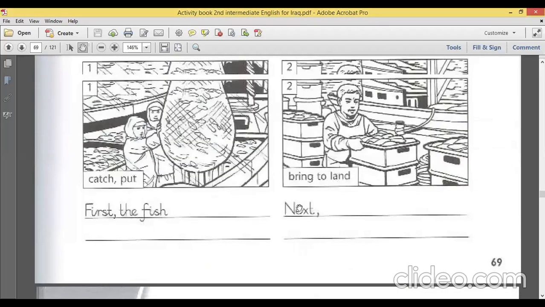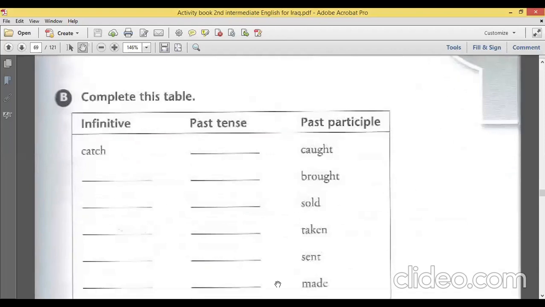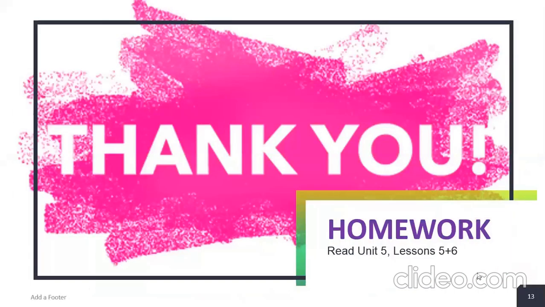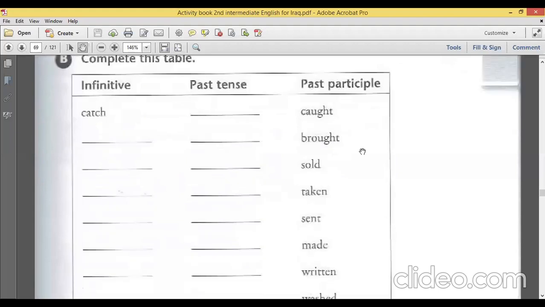So if we lost the connection, next time, inshallah, I want you to read and listen to lesson 5 and lesson 6, right? But for the time being, since we have time, let's get back to this exercise. Let's do it together. Okay, come on, get ready.